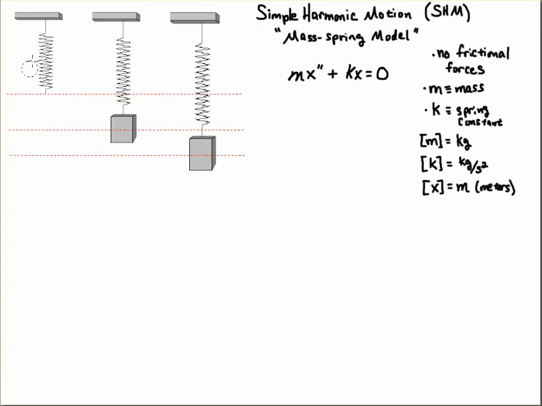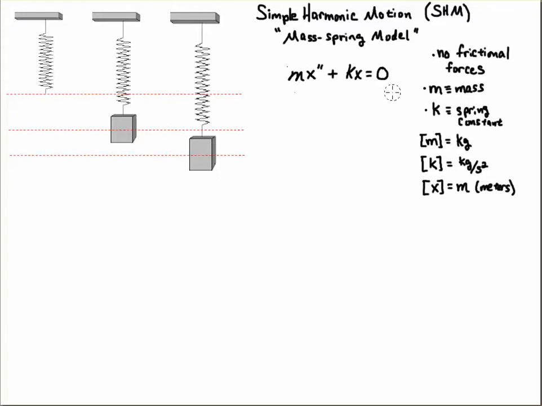Without a block, the spring has its natural length. With the block attached, at rest, it would just sit there and not move. Then we pull the block a little further, stretch it, and it wants to snap back and get into that oscillatory motion. Those are the three stages you see here.